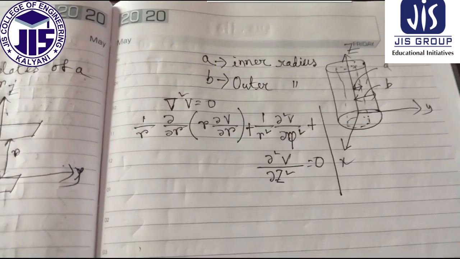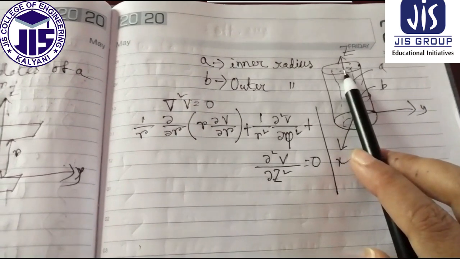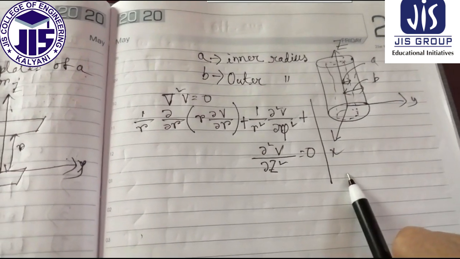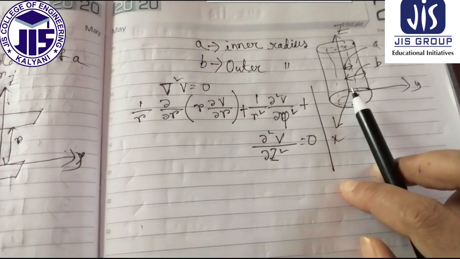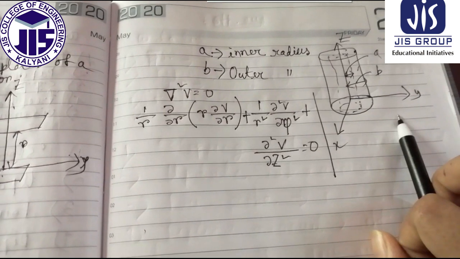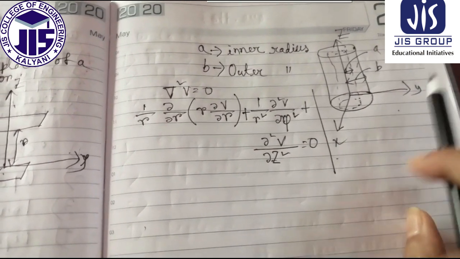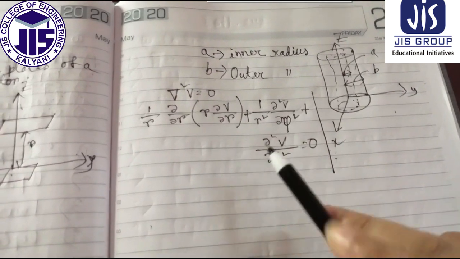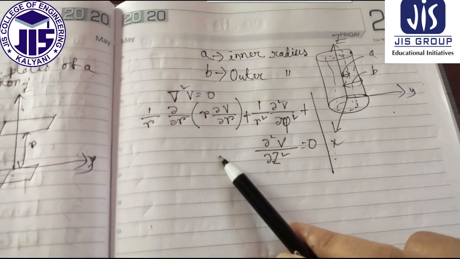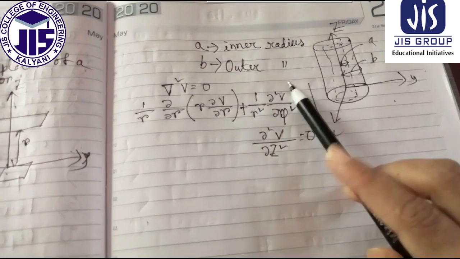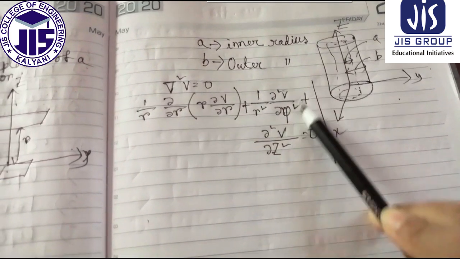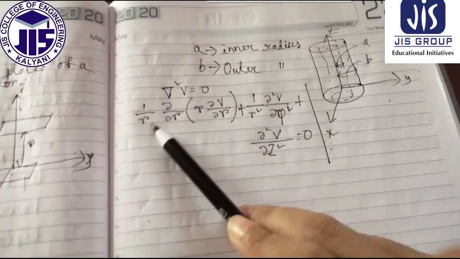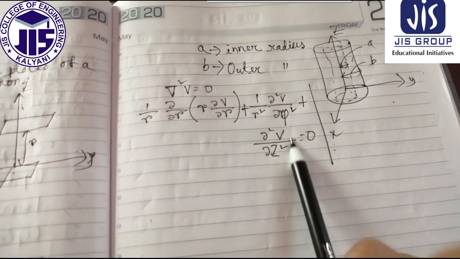Now see, only along one axis the potential exists, but along the other axes the potential V is nothing but 0, isn't it? So for these two axes potential is 0. That means from this equation what we can write, that this term is along y-axis and this term is along x-axis, this term is along z-axis.